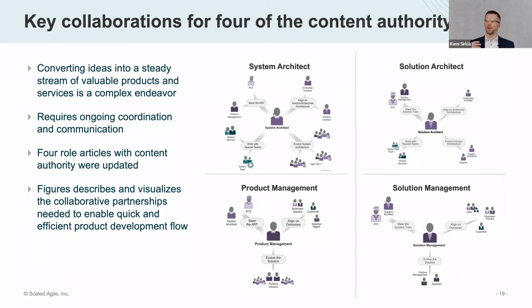Obviously, product management should be linked and collaborating with the business owners, with the customers, and the solution management, should there be one. They should collaborate with the system architects and RTEs in order to run the train smoothly and optimize the value, and obviously with the product owners at the team level to evolve the solution.